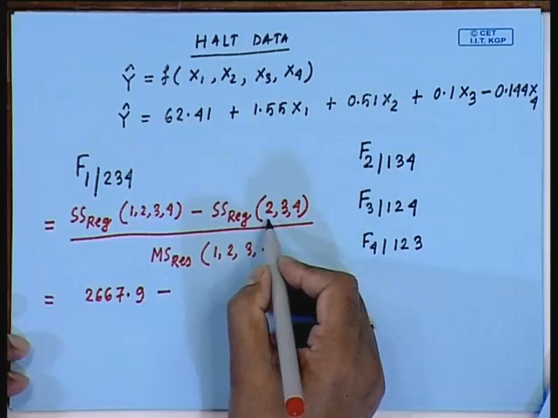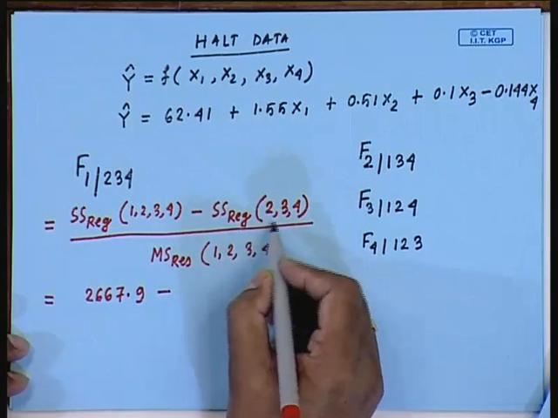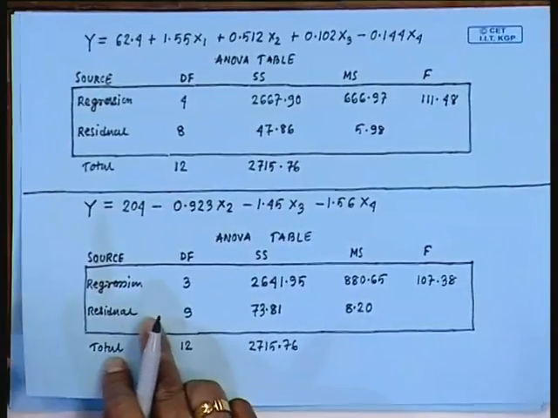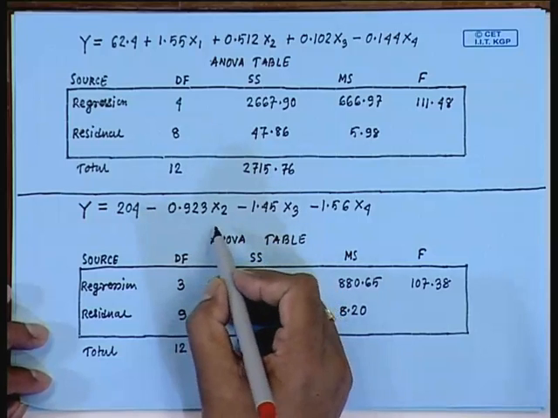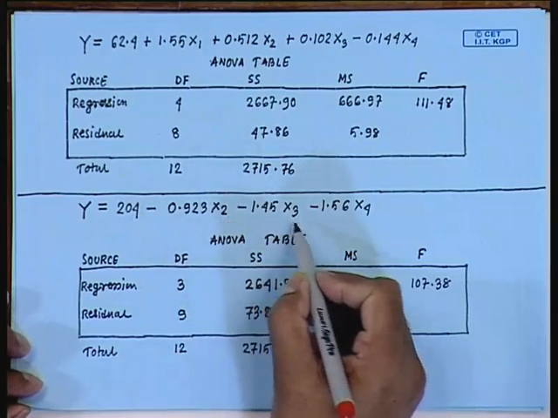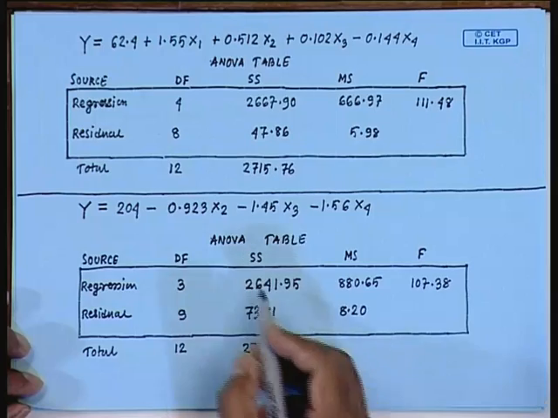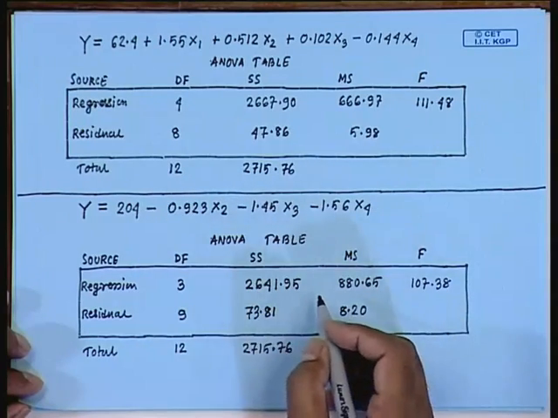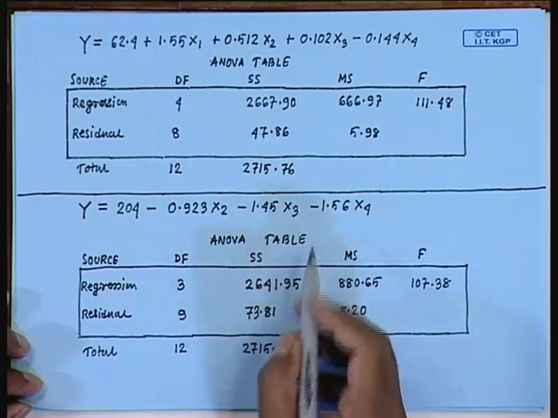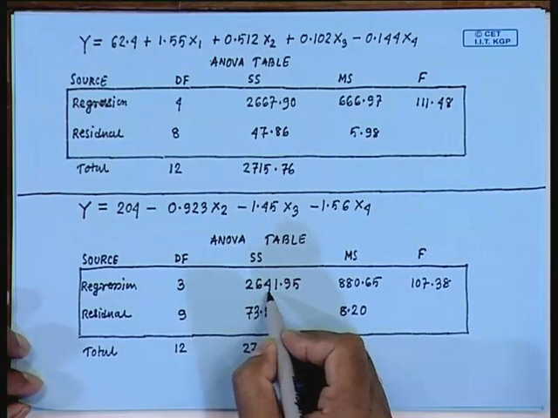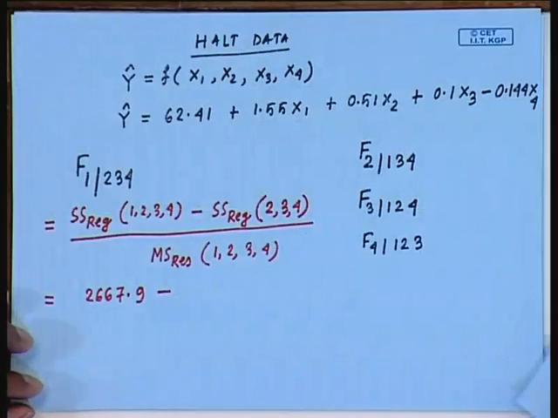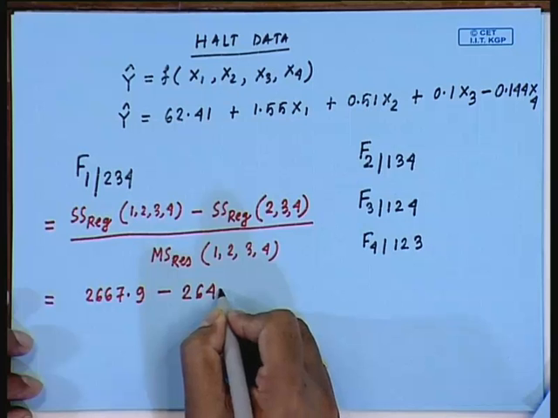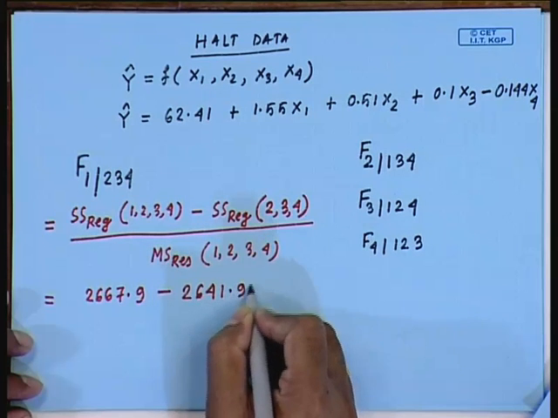minus the SS regression for the model involving x2, x3, x4. So, again I need to fit the model involving x2, x3 and x4, and here is the associated ANOVA table for this model, and my SS regression for this model is 2641.95.